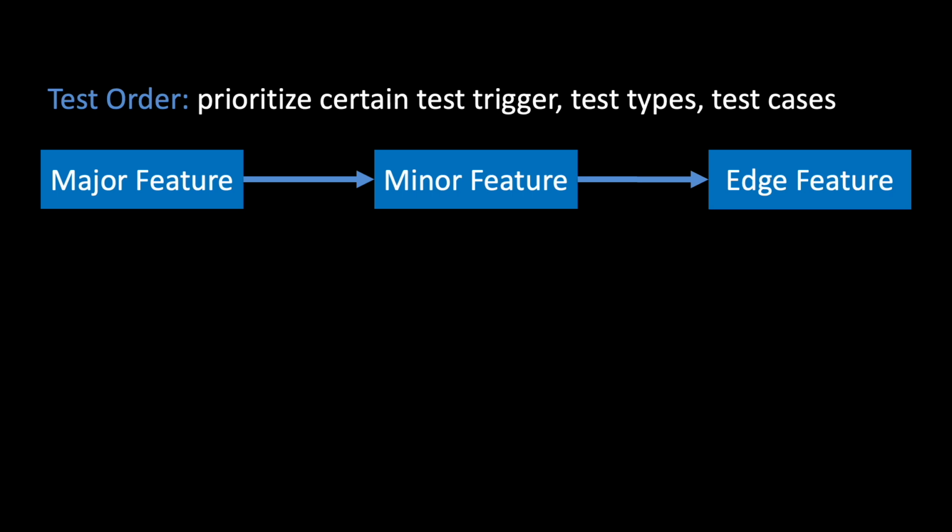And after that, test corner use cases, error use cases, etc. Because in the end, nobody's happy if you find 5 errors in edge cases while the login of the web page is not working at all. And from a practical point of view, the test order should be reflected in the test execution plan so that the test cases are then executed from top to bottom.